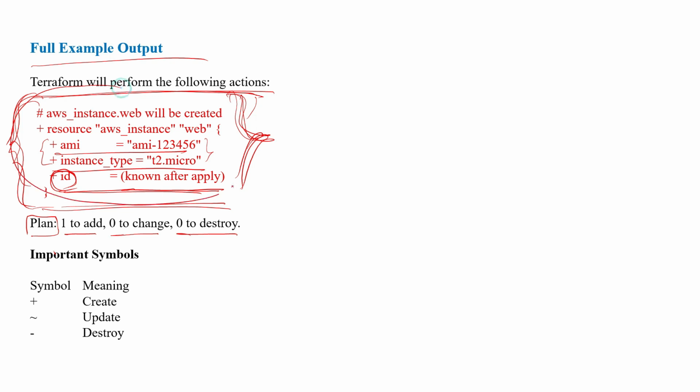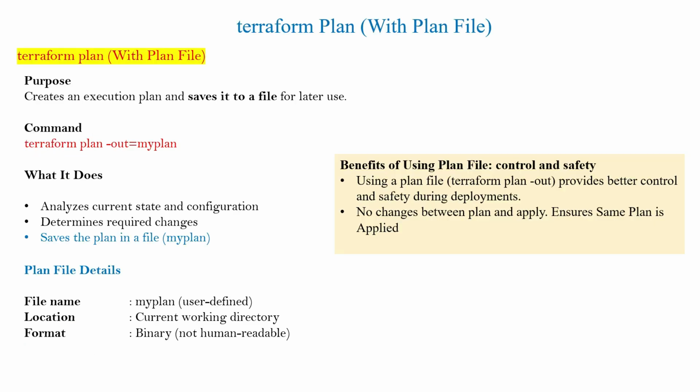In this code, we are just creating an EC2 virtual machine. That's why the plan shows 1 to add, no change and no destroy. And as I said, if you see the plus in the output, that means you are going to create resources. For the tilde character, that means you are going to update the resources, and for the hyphen, that means you are going to destroy the resources.